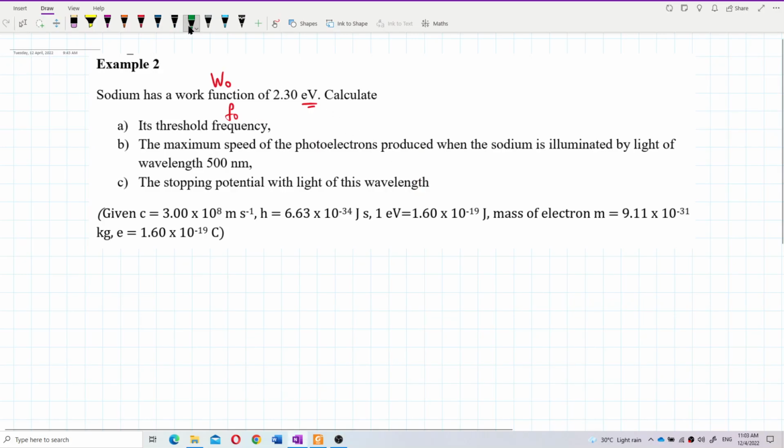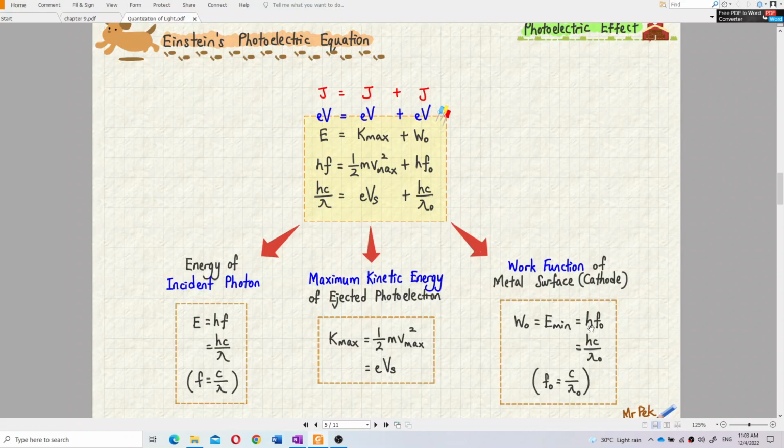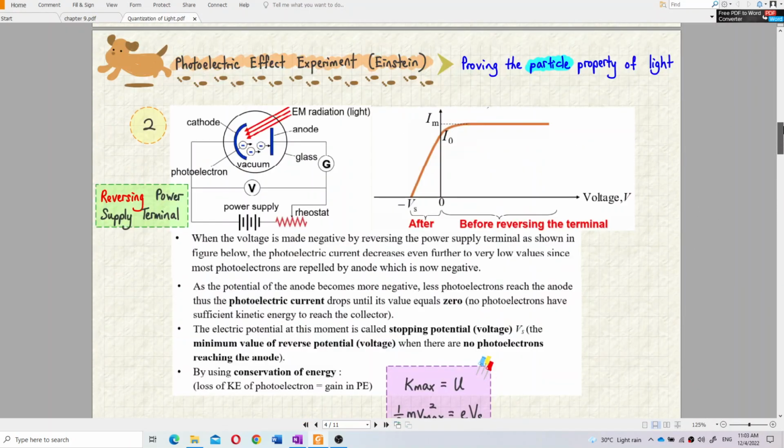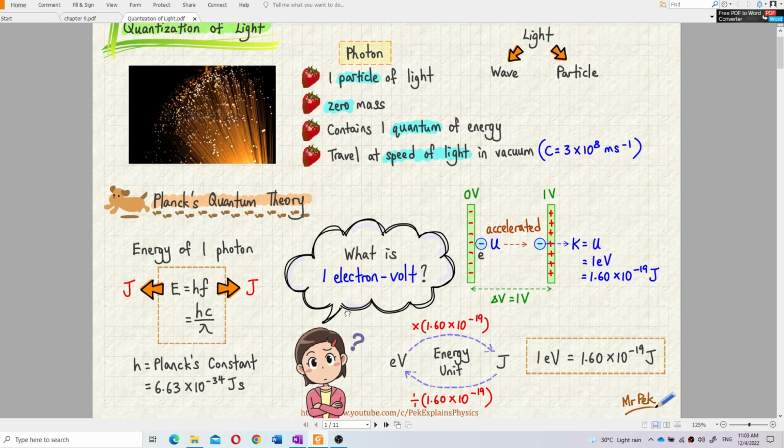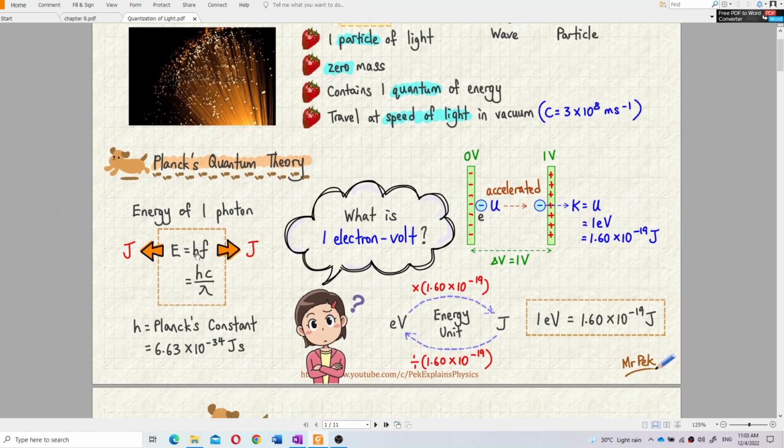So let us use the equation, question A, W naught equal to h f naught. However, remember this equation, W equal to h f naught, or E equal to h f, is in SI unit, joule.